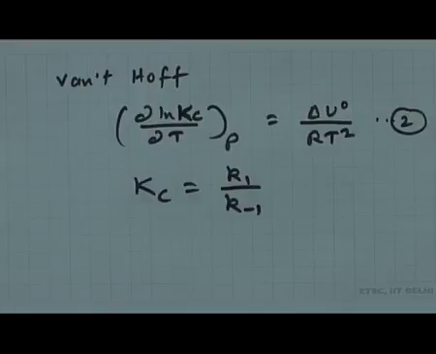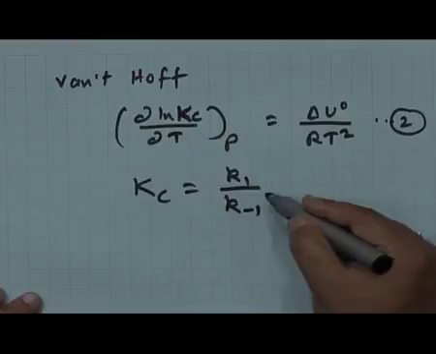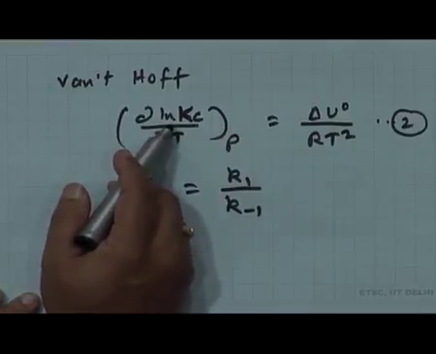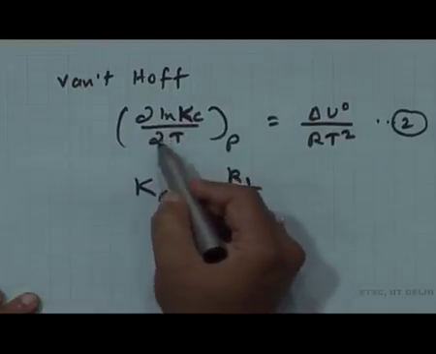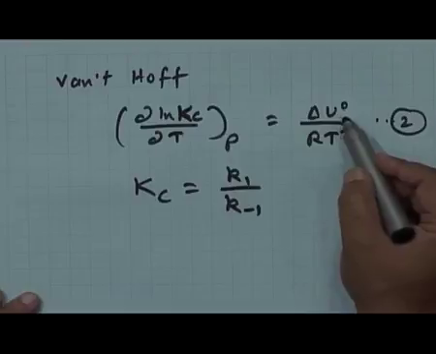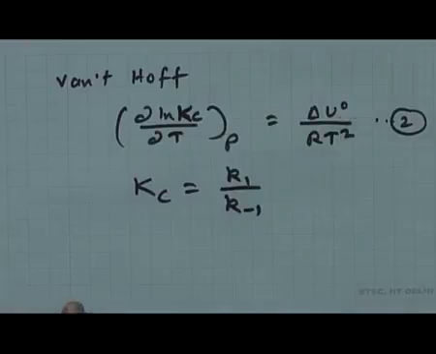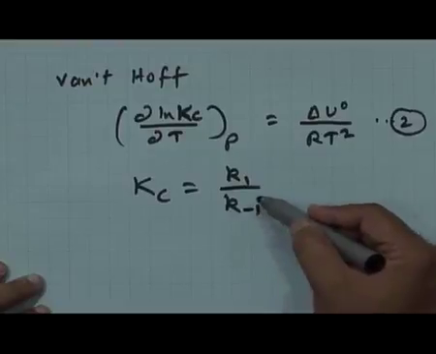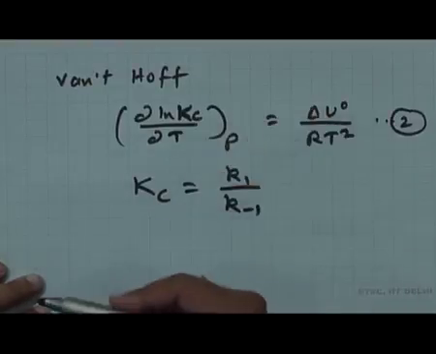Now once we had this, you see in this expression we had this Kc. This was a partial derivative because we are taking it at constant pressure. This delta U is the standard internal energy change based upon the reaction. Now what we can do here is take this expression for Kc and put it back in this equation.